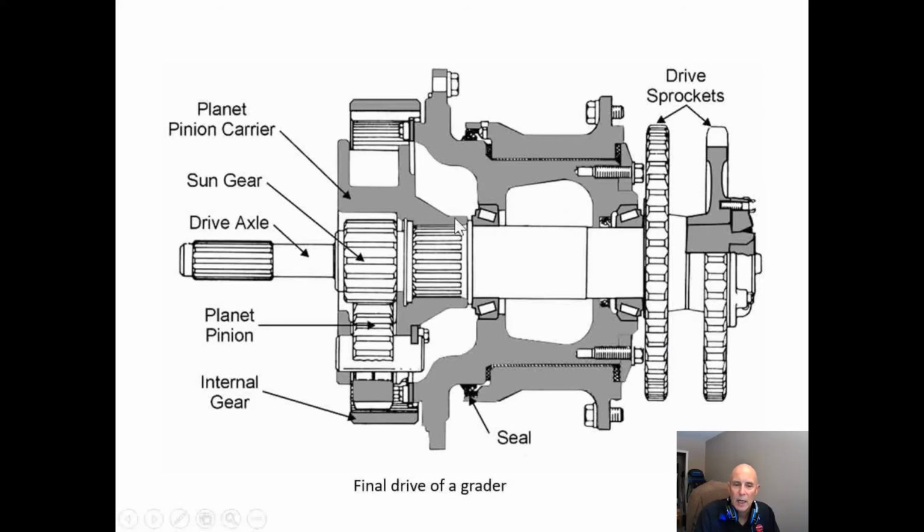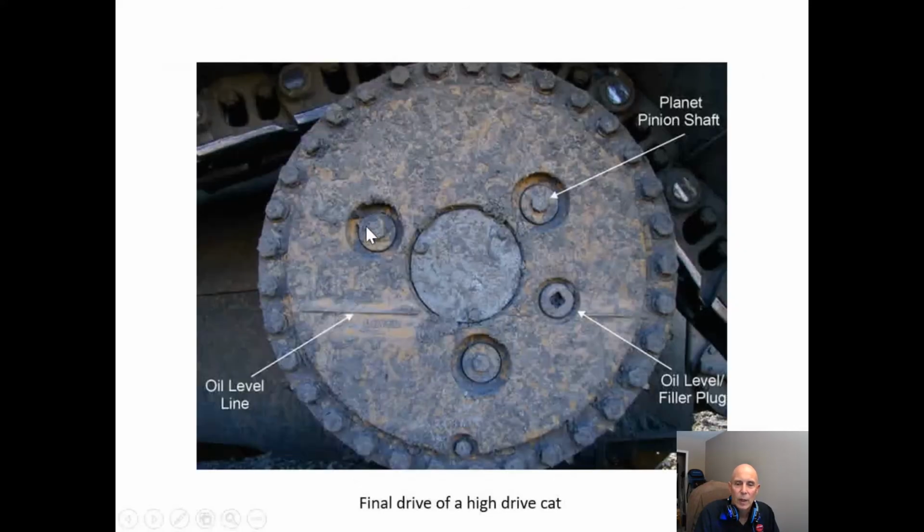Because of the way it's set up, we have tapered roller bearings so we can adjust them for the amount of movement back and forth. By taking a look at the cover on this dozer, we can tell that it has three carrier pinions.